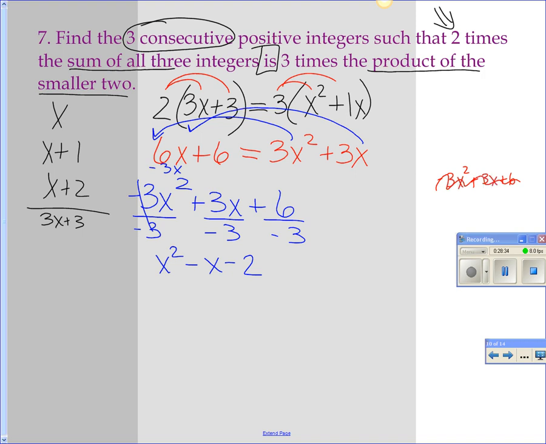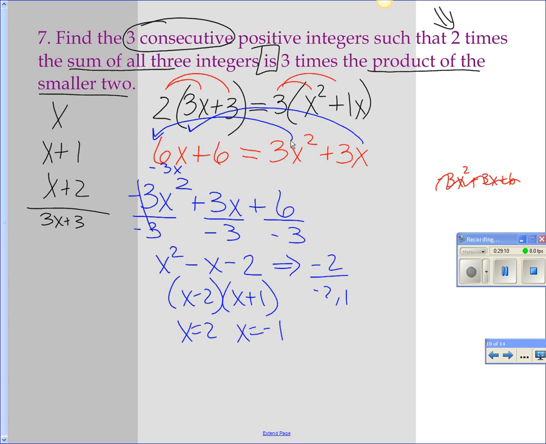Brandon, what do you do next? Faith, what multiplies to give you negative 2? So x minus 2 and x plus 1, and set them equal to 0, so x equals 2 and x equals negative 1.